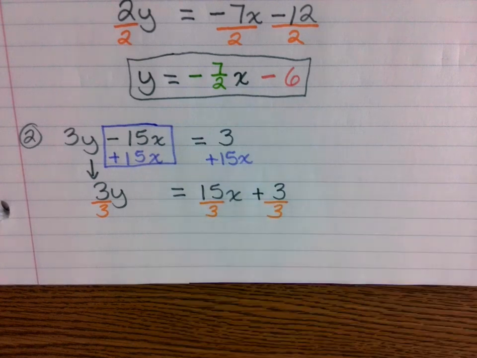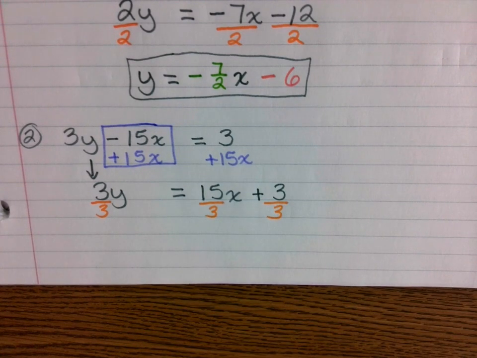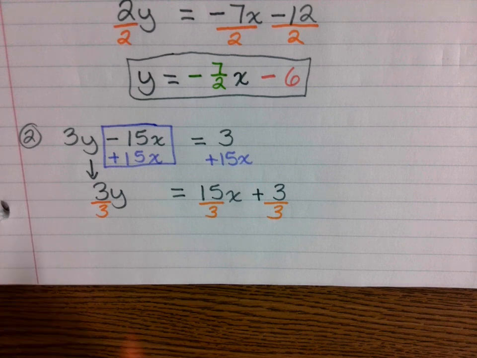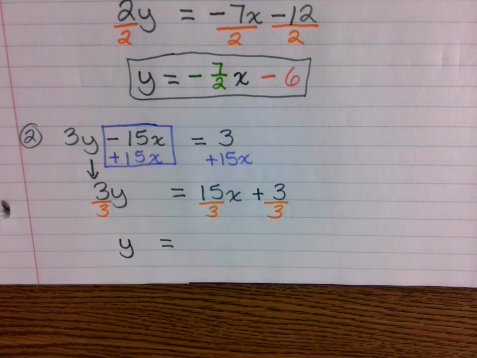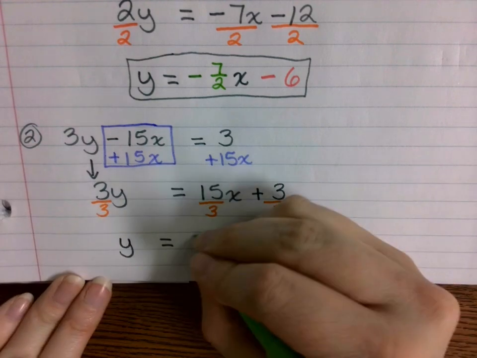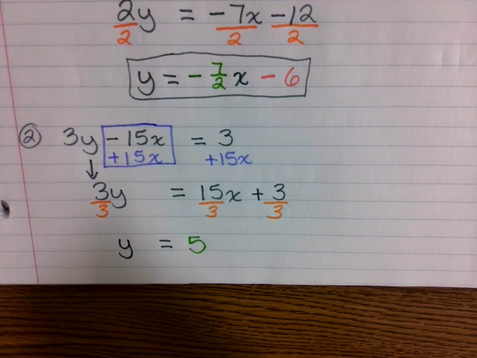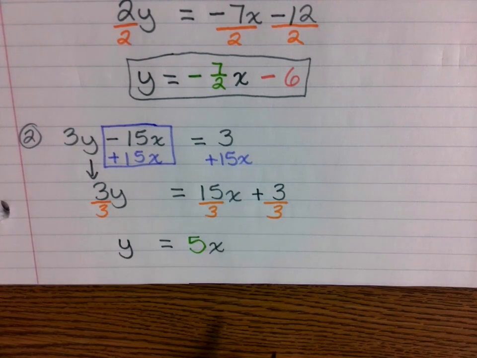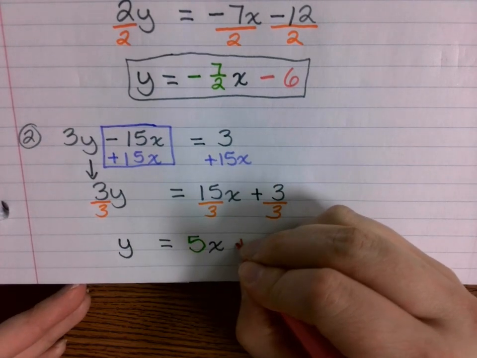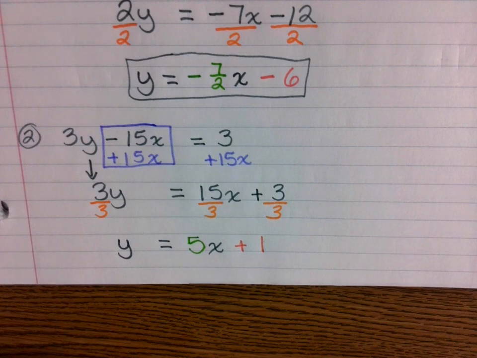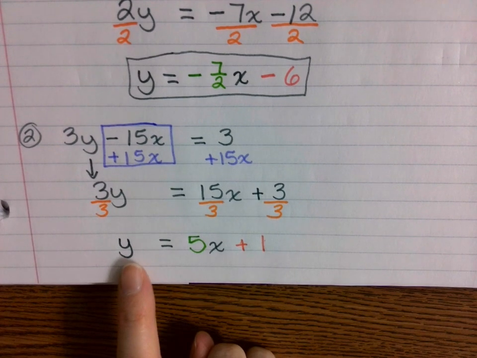Every number is getting divided by 3. Every term. 3 over 3 will simplify to a 1y or just y. 15 over 3, I can simplify that to a 5, so I get 5x. And 3 over 3 is simplified to a 1, so I have a plus 1. So my slope-intercept form is y equals 5x plus 1.